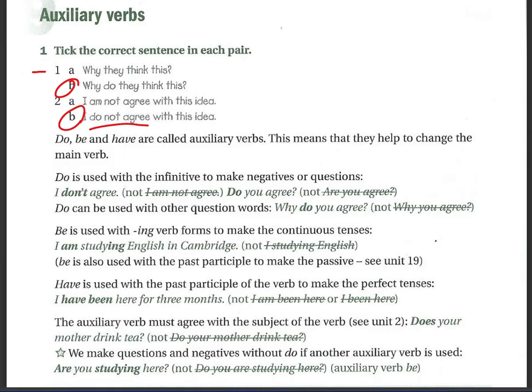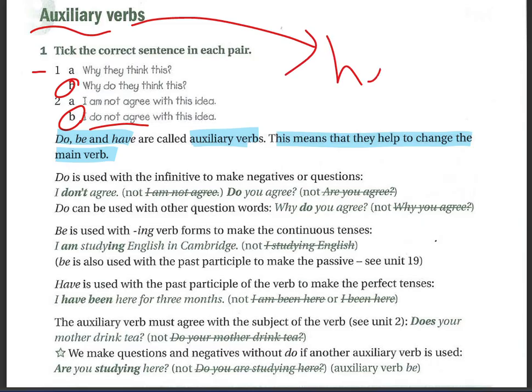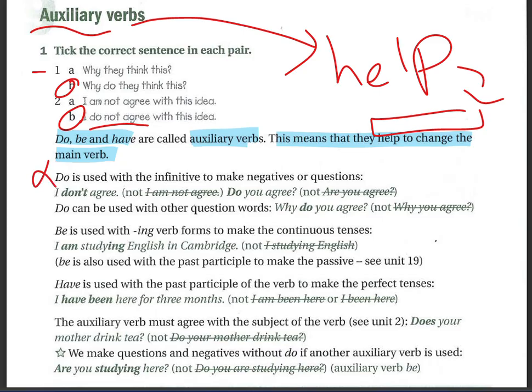So, do, be, and have are called auxiliary verbs. This means they help to change the main verb. So, auxiliary verbs are the verbs that come to help us with the main verb. Look at here. Do is used with the infinitive to make negatives or questions.